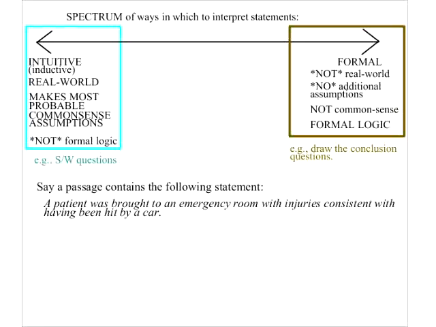That's what it means. So if you see this kind of statement in a strengthen and weaken question, with this type of reasoning, you interpret this statement as the patient was hit by a car, and you don't interpret it as maybe. That's the whole point.